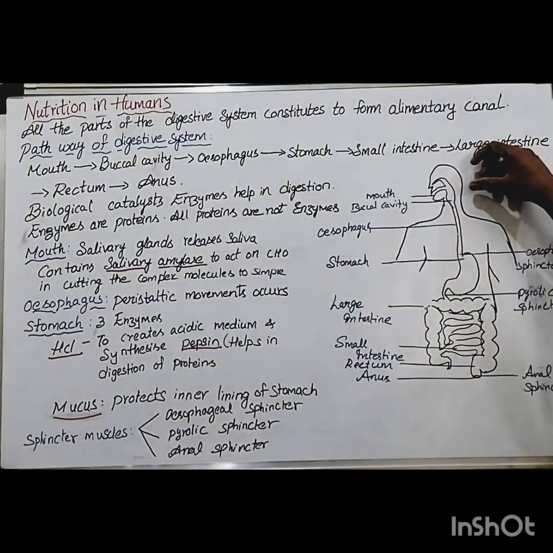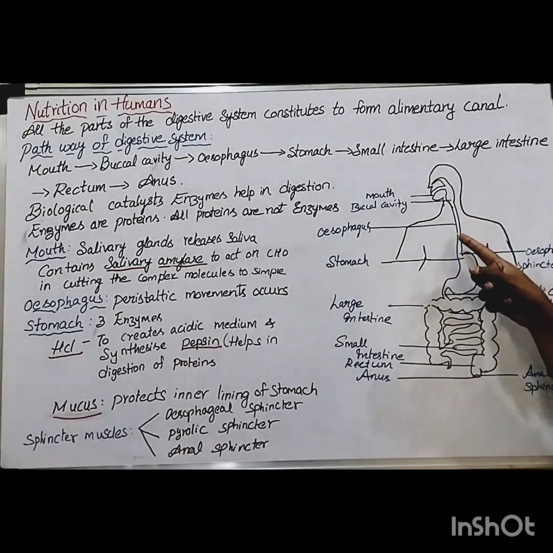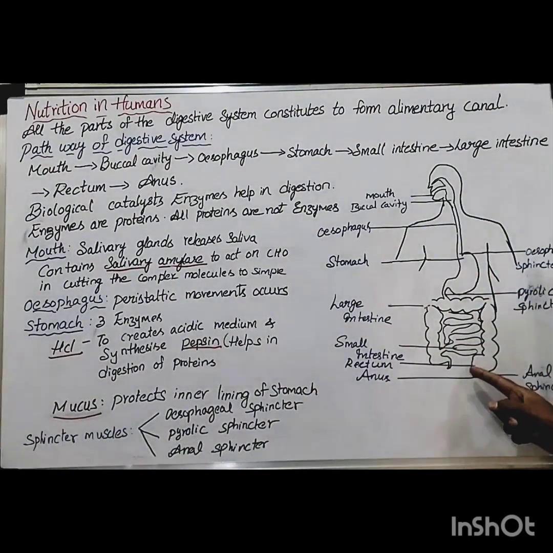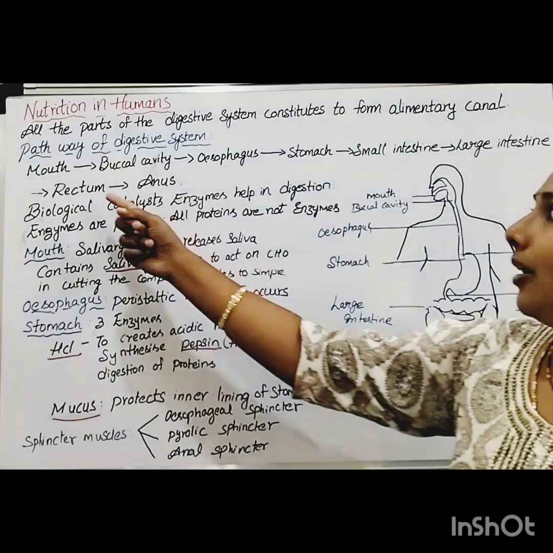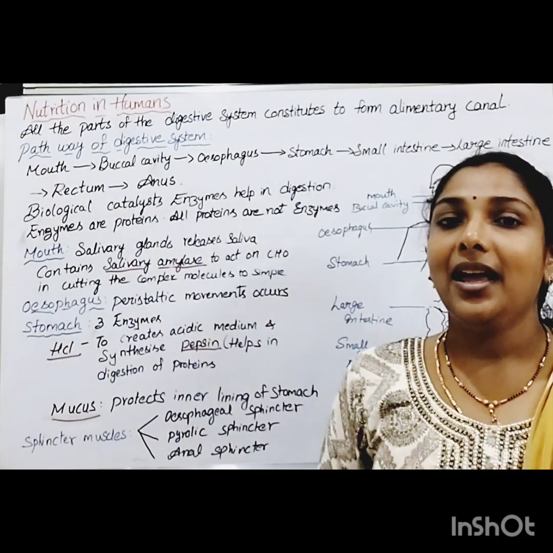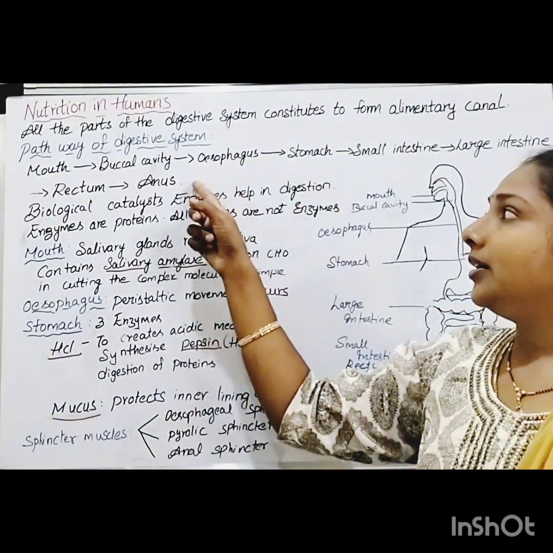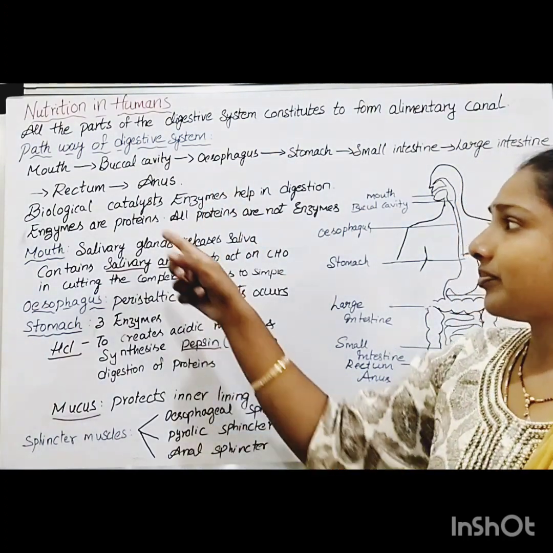You can observe in the diagram that the mouth leads to the buccal cavity, then the esophagus, then the stomach, the small intestine, large intestine, rectum, and then the anus. So this constitutes a pathway of the digestive system. This pathway we call the alimentary canal. Different parts of the digestive system form the alimentary canal.